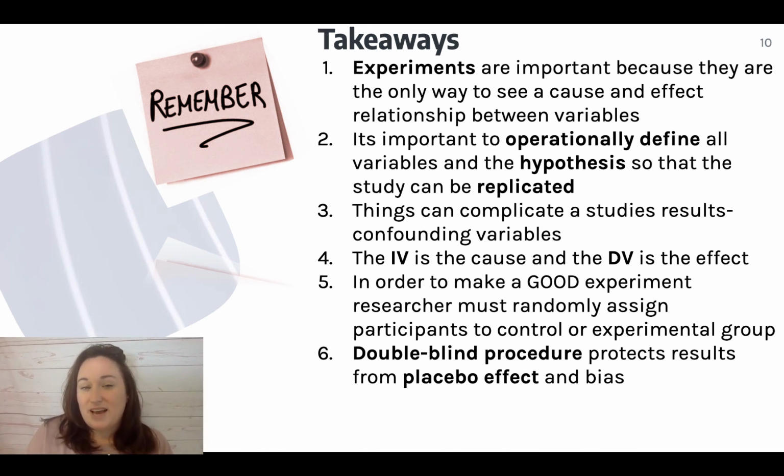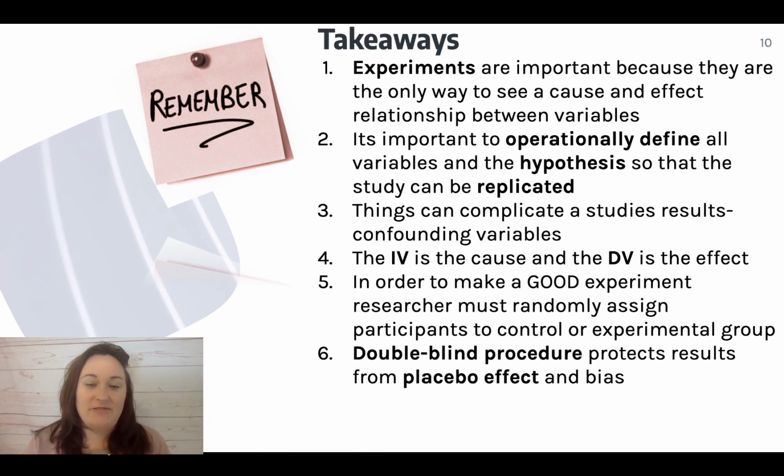There are some things that can confuse our results even when we're being careful at times, and this is a confounding variable. So in our music example, it could be that the time of day that the students were taking the test was not ideal, from their pre-test to their post-test or something like that.